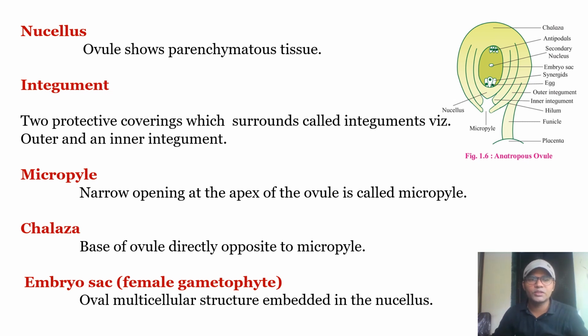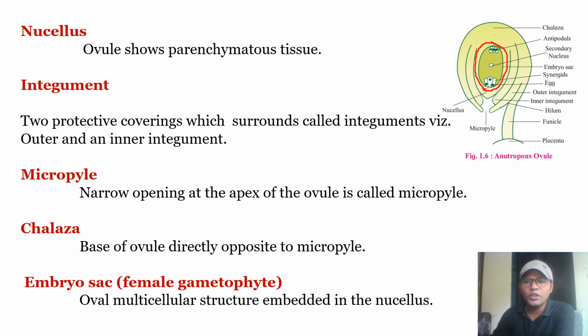Next, nucellus. The parenchymatous tissue which is present at the middle part of the ovule. Later on it gets converted into the embryo sac. Such part, in the immature ovule, is said to be the nucellus.